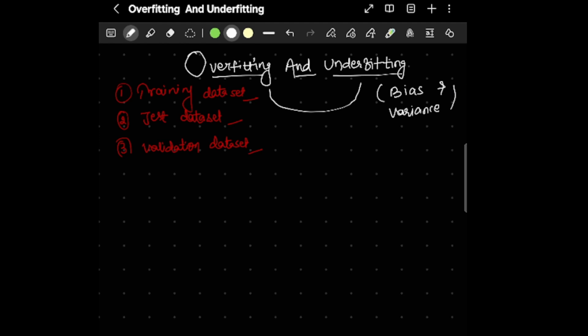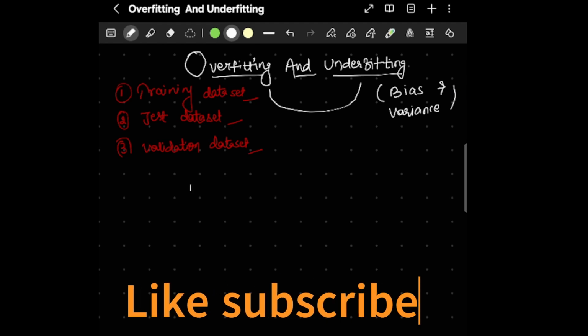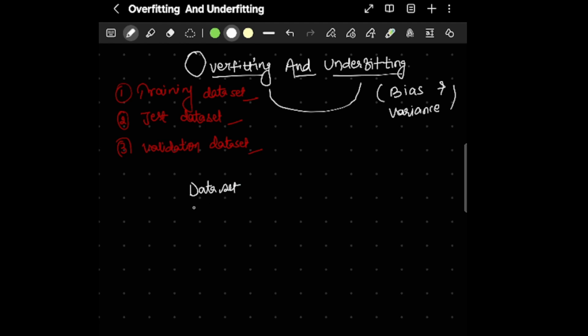Let's consider a data set with thousands of data points.